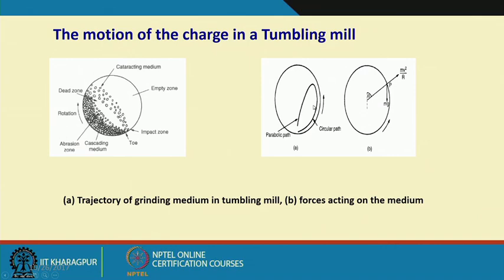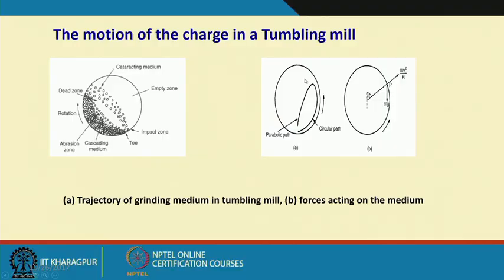Now, when it reaches a particular point, the gravitational force, that is the body force, will start acting and become more dominant if the centrifugal force is weaker. So, because of that the material will try to fall back. That is why you have this parabolic path.